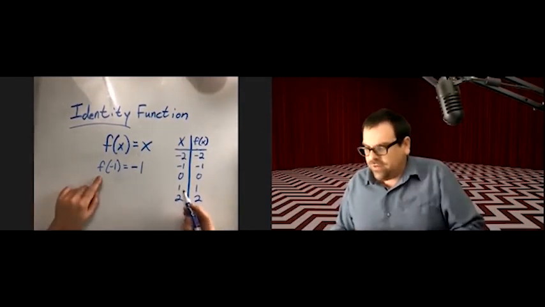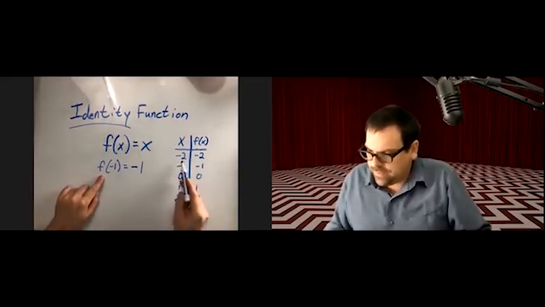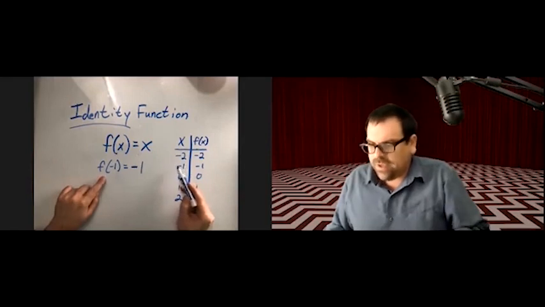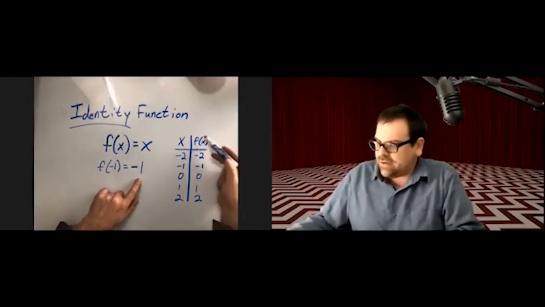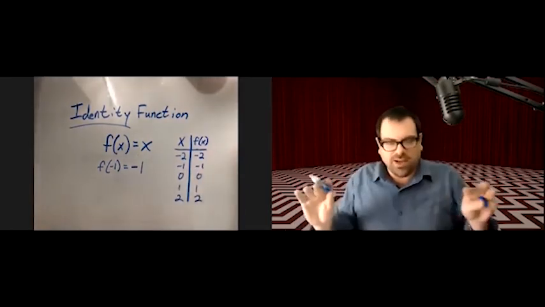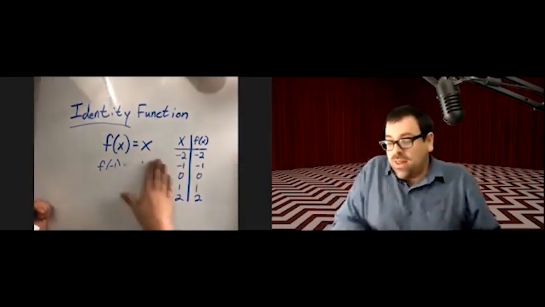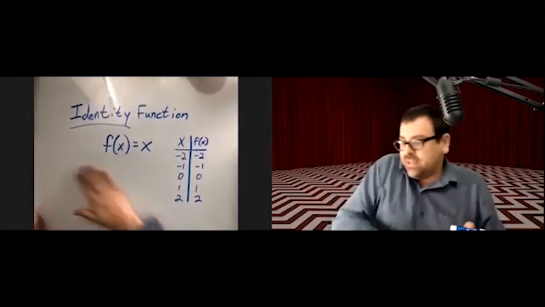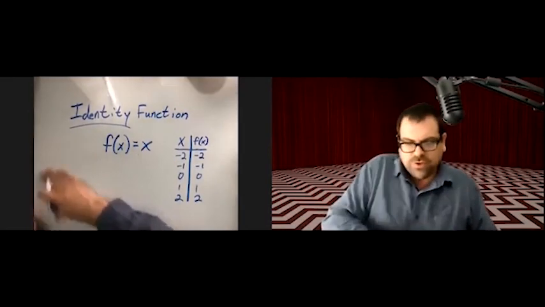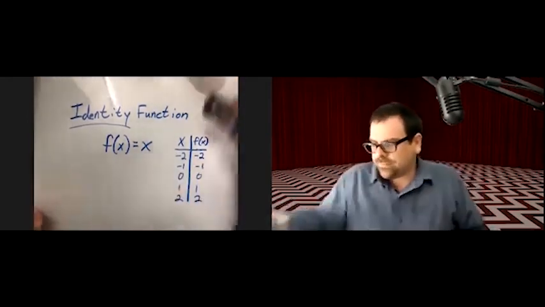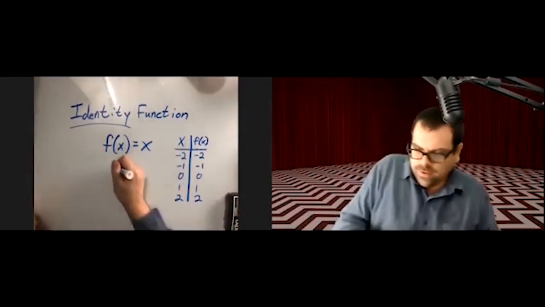The input of the function f, when x is -1, gives us an output of -1. F of x is -1 when x is -1. Okay. We know how to plug things in at this point. That's the last group of lectures.